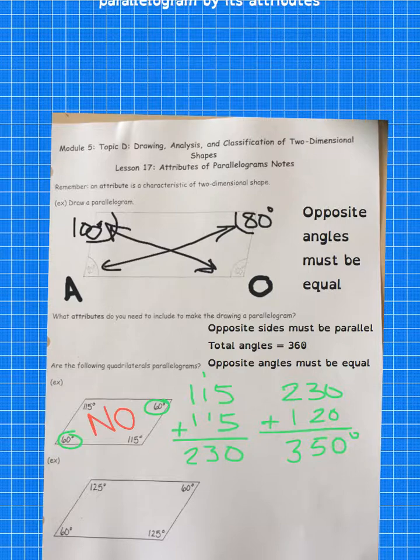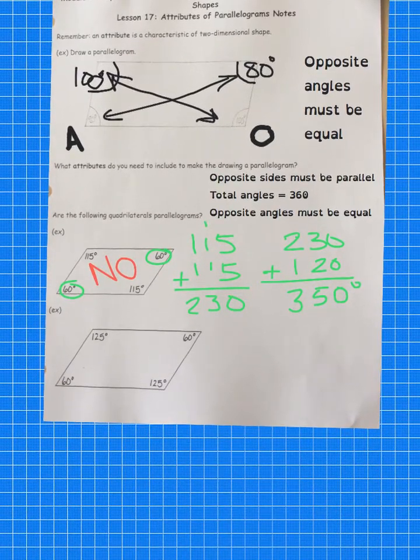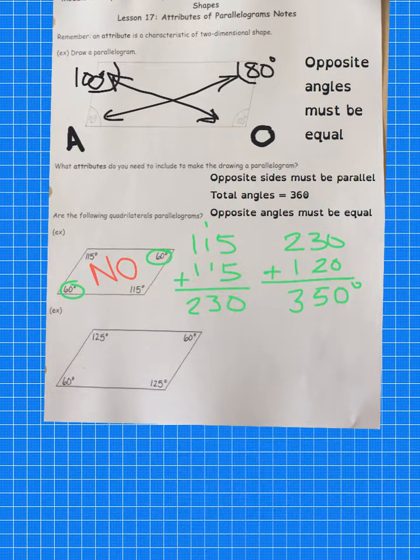All right, so let's move down to the second one. All right, again, let's go through our list. Opposite sides must be parallel. Well, they look parallel. Opposite angles must be equal. Well, we see that 125 is the same as 125.